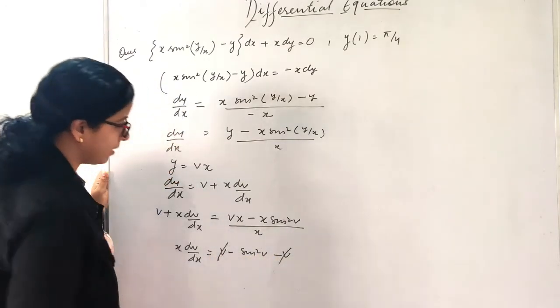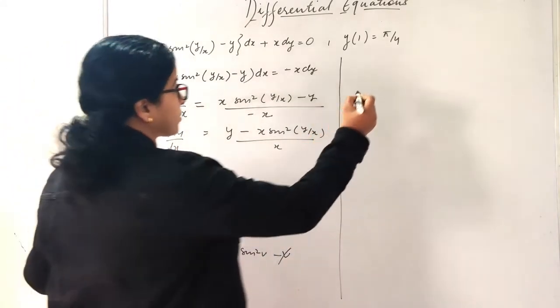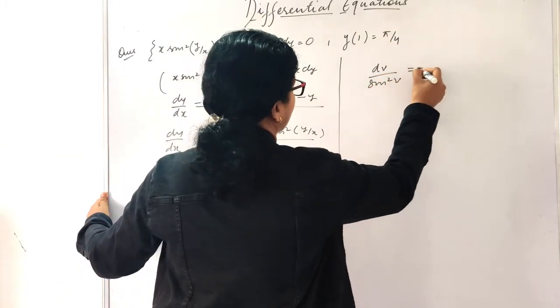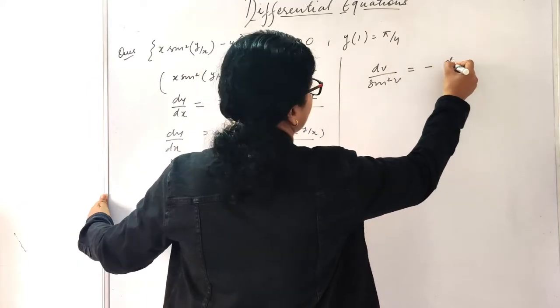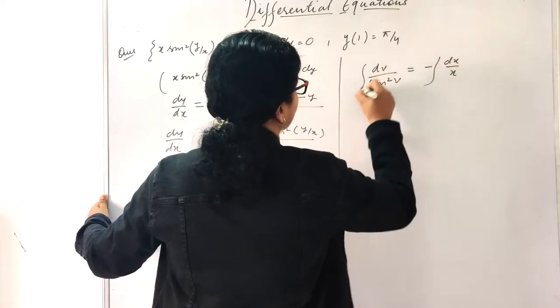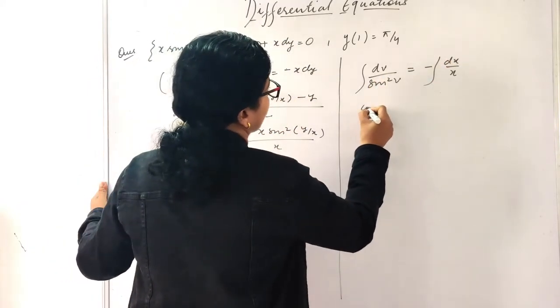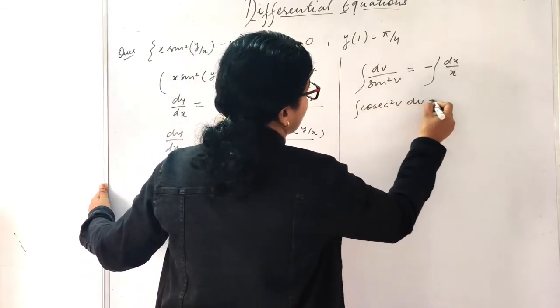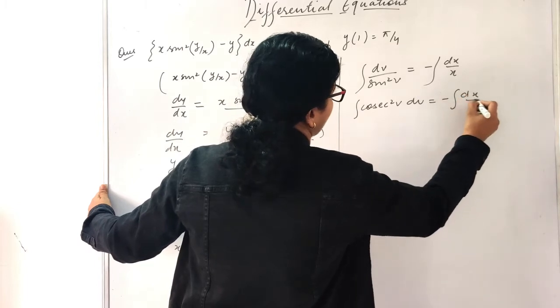This gets cancelled. I can rewrite this. So dv upon sine square v equals to minus dx upon x. Integration. So it will become cosec square v dv equals to minus dx upon x.